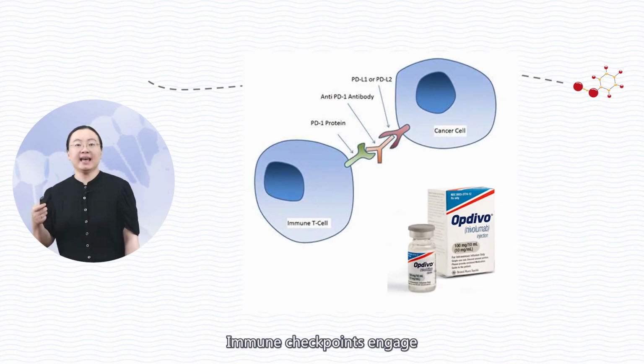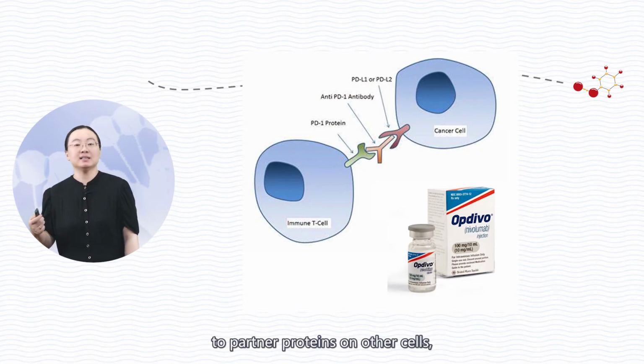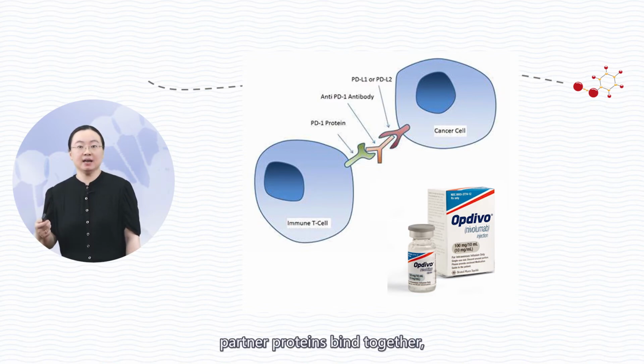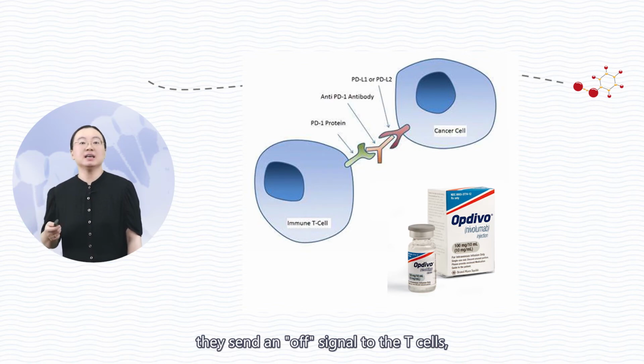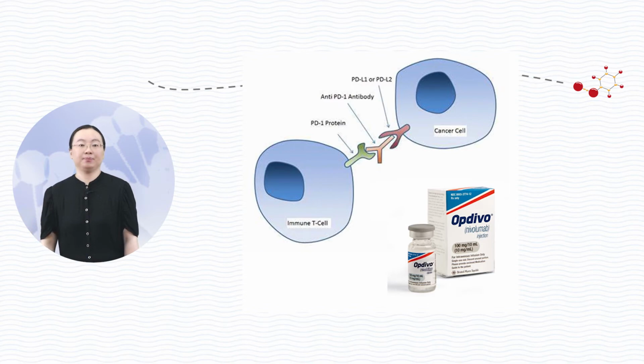Immune checkpoints engage when proteins on the surface of T cells recognize and bind to partner proteins on other cells, such as some tumor cells. When the checkpoint and the partner proteins bind together, they send an off signal to the T cells, such as PD-1 and PD-L1.